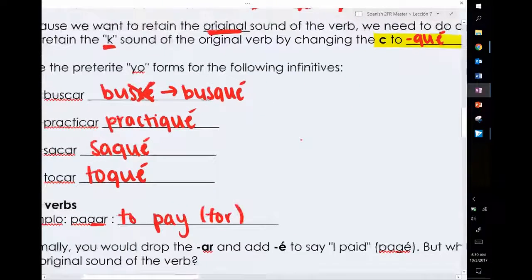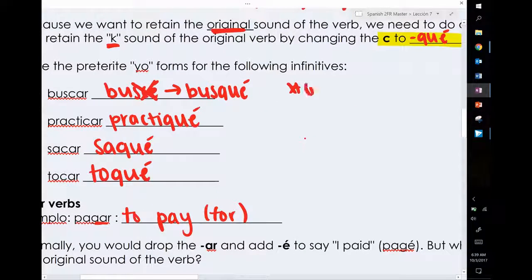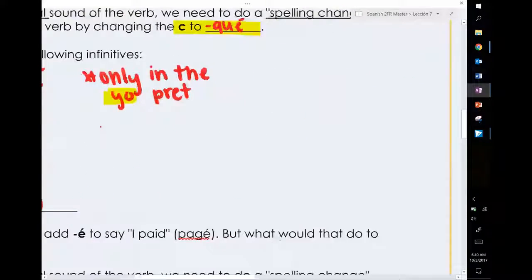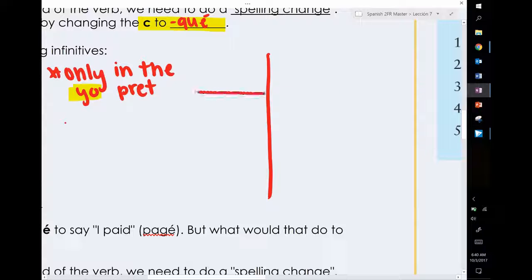It's important to note that this change is only in the yo form of the preterite. Watch what happens when we conjugate buscar into all of its preterite forms.